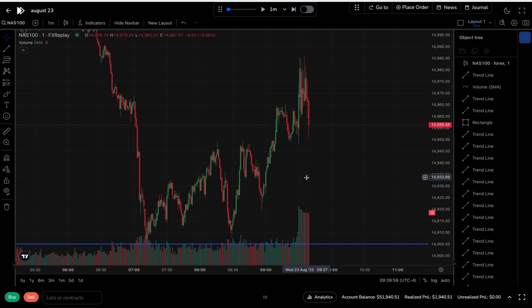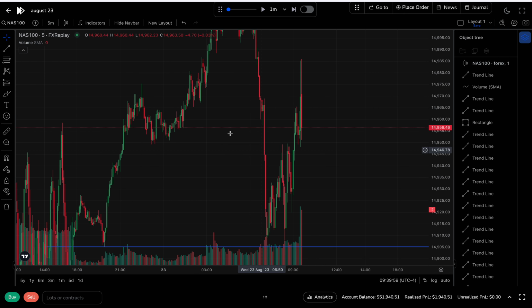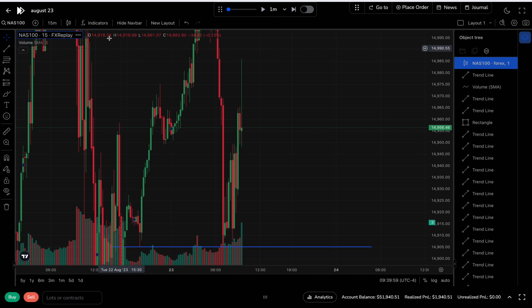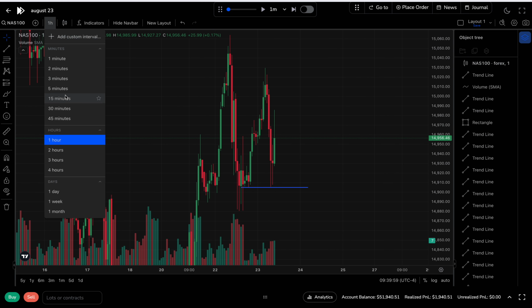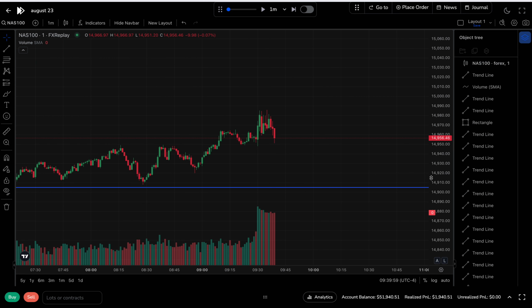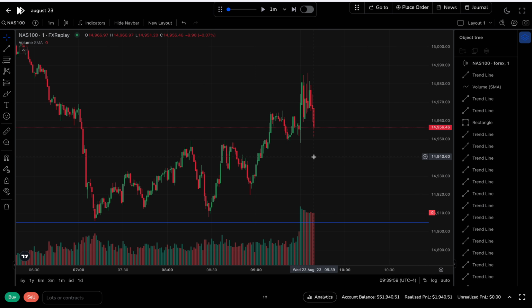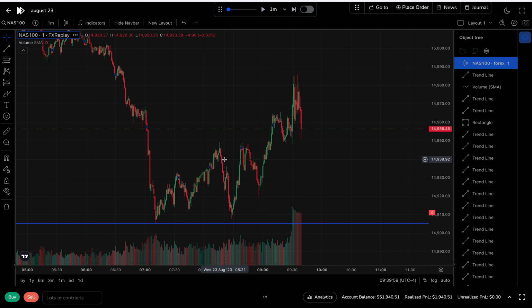What time is it? 9:39. Is there any unfilled gaps? Unfilled 5-minute. We already tapped this unfilled 15. And we're reacting off these hourlies and this 15-minute. I don't think this would be a bad take necessarily.